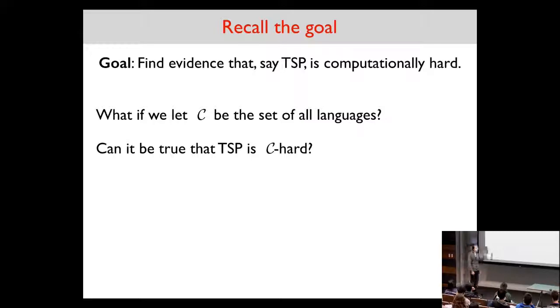But if we take C now, coming back here, to be the set of all languages, well, we know, for example, the halting problem is not decidable, right? So the halting problem would be in this complexity class C, and you're telling me TSP is reducible to the halting problem. No, the other way around.